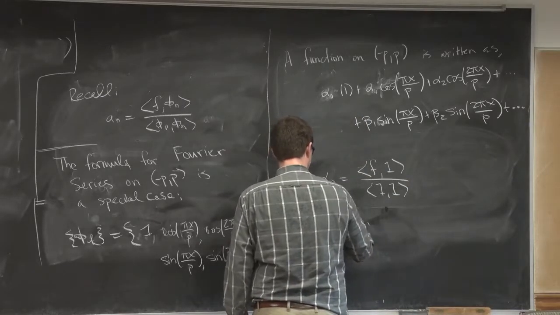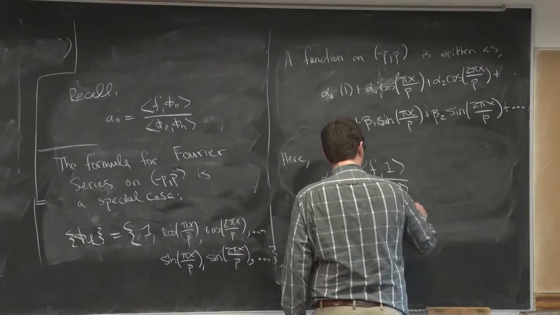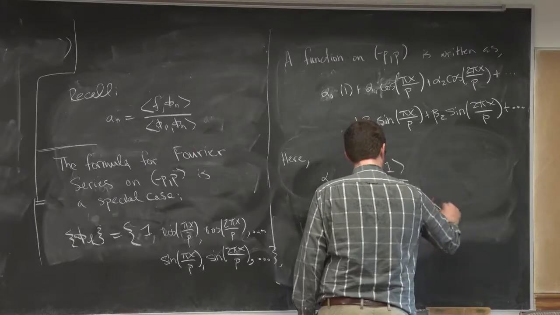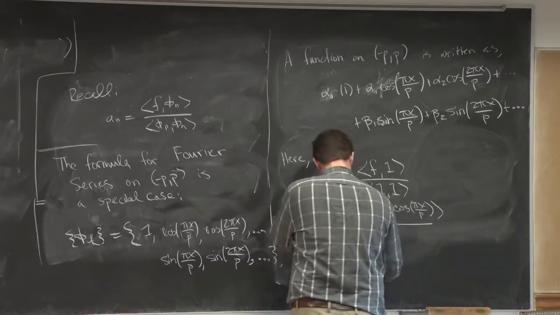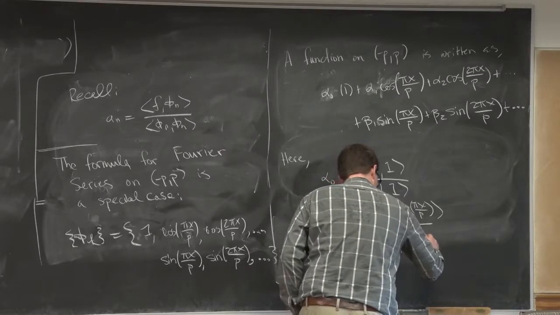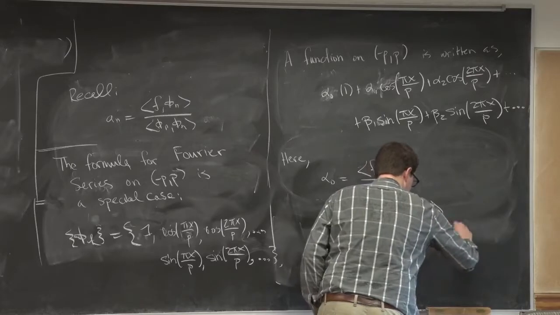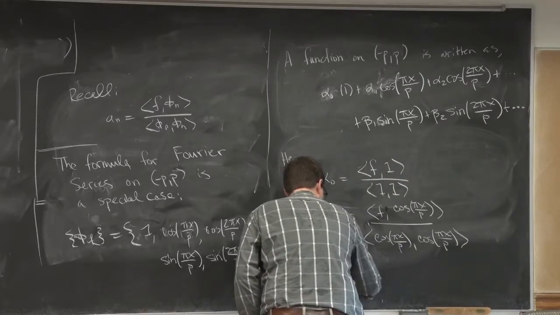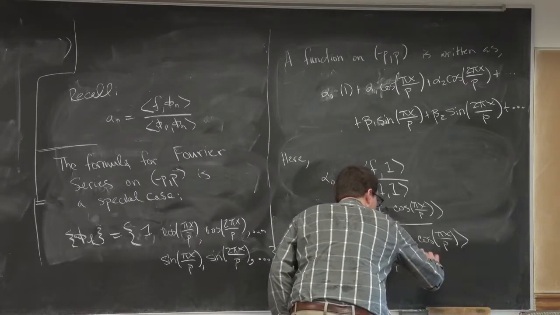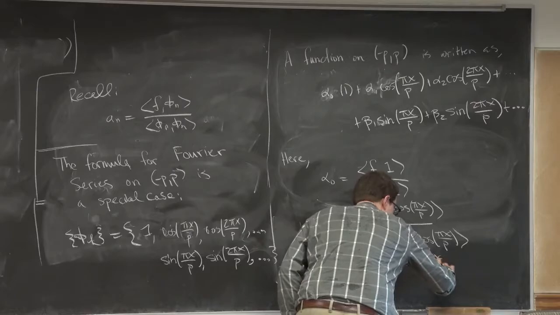Alpha 1 is equal to f with cosine pi x over p. And then we take this thing, cosine pi x over p. Alpha 2 is f with cosine 2 pi x over p.